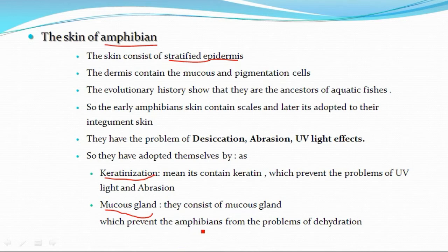The mucus gland consists of mucus, which prevents the amphibian from the problem of dehydration. So dehydration, abrasion and the ultraviolet light effect are prevented by the keratinization and mucus glands present in the skin of amphibians.